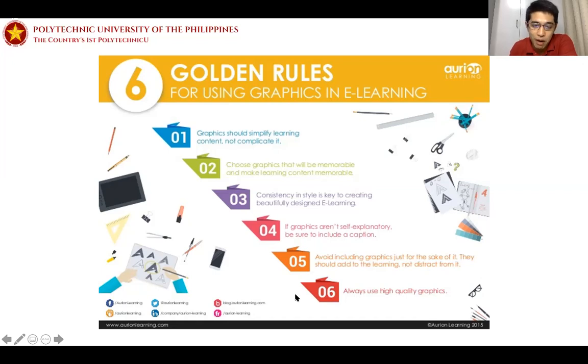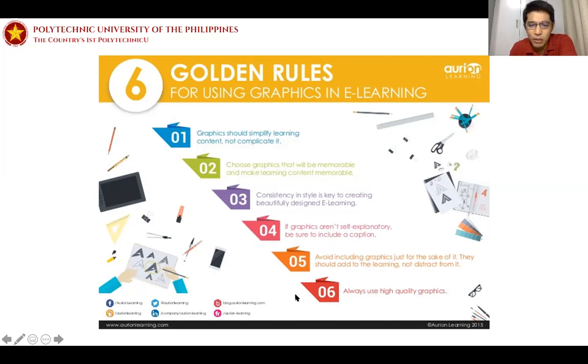A caption is very important, and we have to make sure that if the graphic is not very difficult but cannot be understood at one look, the caption can definitely help the reader to understand the graphics.